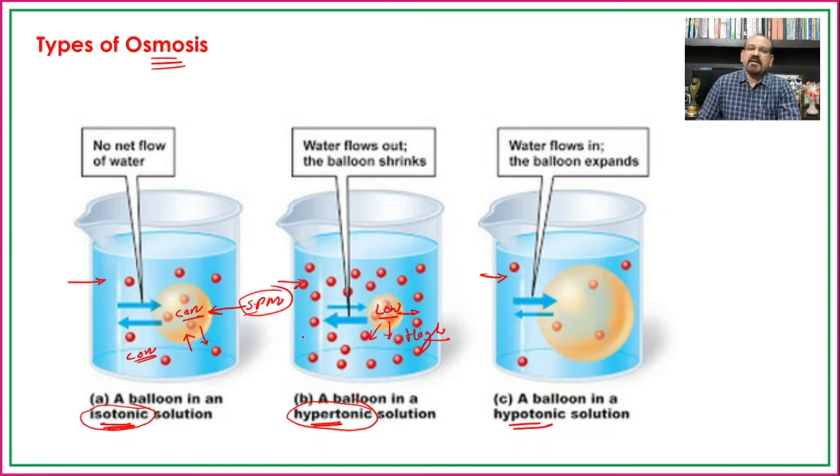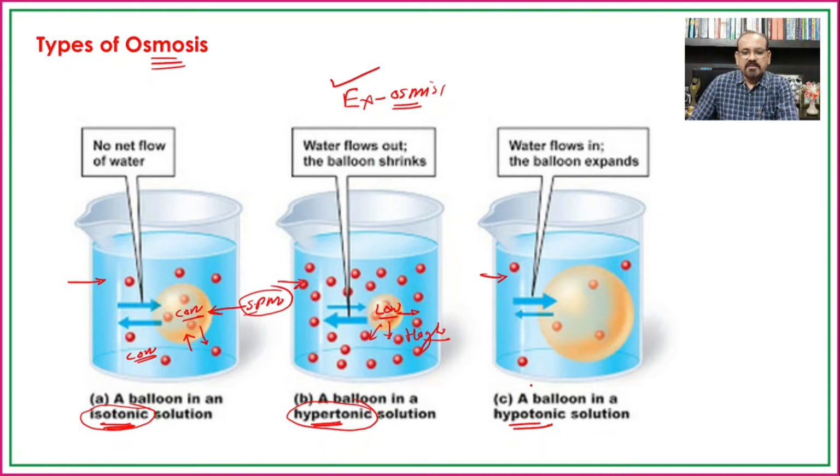So in this way there will be the release of water, or the water will come outside the cell, and hence we can consider that this is exosmosis, because the osmotic diffusion of the water is carried out outside the cell, and hence when the cell is kept in a hypertonic solution there will be exosmosis, that we should remember.